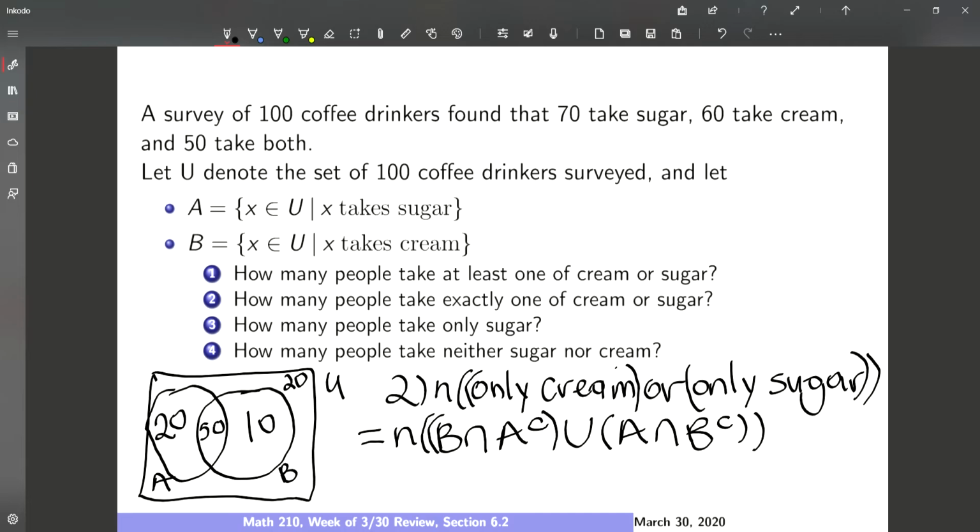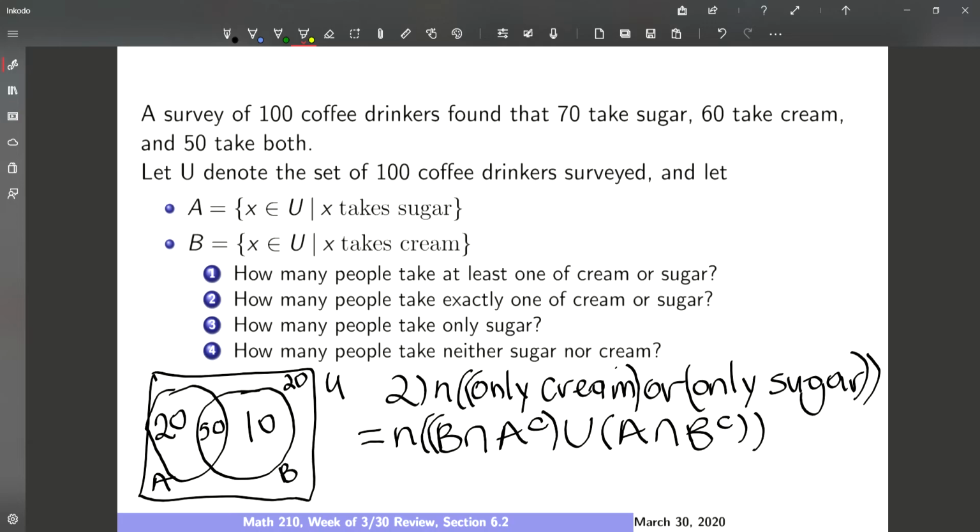Okay, so at this point, a few things you can do. But because we've already set up the Venn diagram, in this case I'm just going to use that. So we're thinking of things only in A or things only in B. That's this first part right here, B intersect A complement.